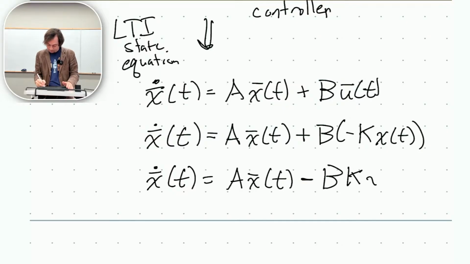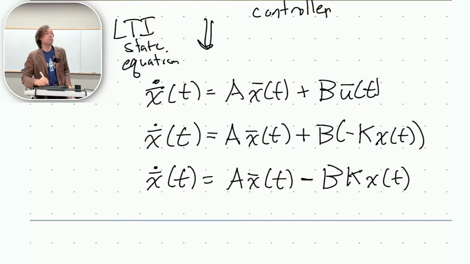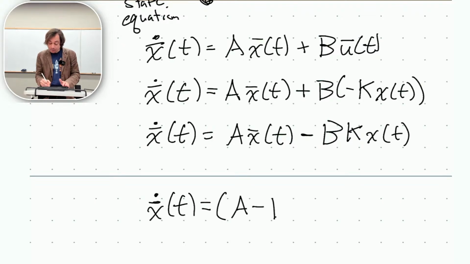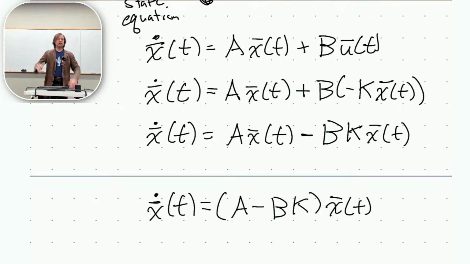Okay. But you can do that, right? And you can simplify this by saying x dot of t is equal to the quantity A minus B times K times x of t. I just factored out x of t on the right, and it gives me that quantity.